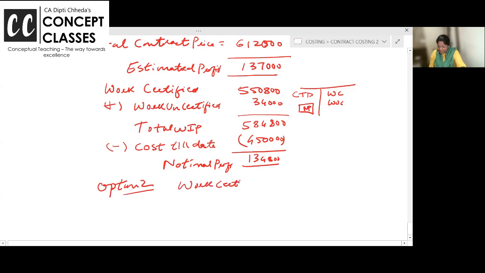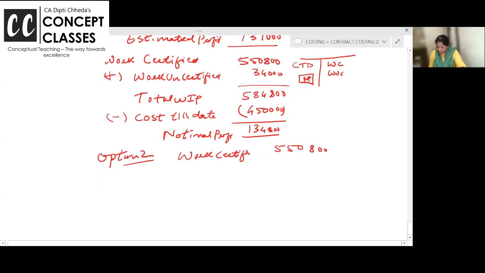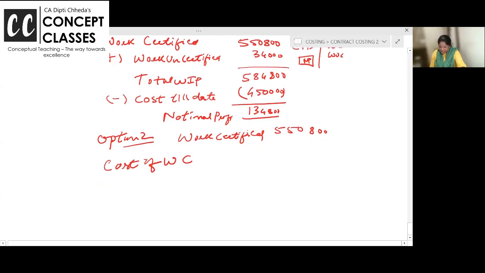Work certified is income 550,800. And whatever work is over, cost of work certified. ये जो work certified income है, इसका cost कितना है? तो cost till date minus the work uncertified. आप करो, I'll teach you the whole format.